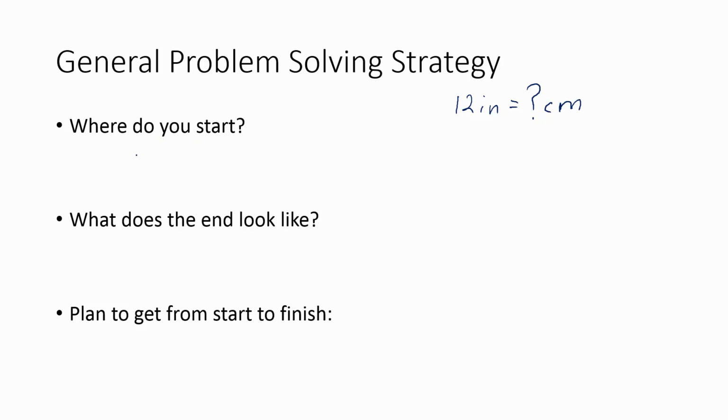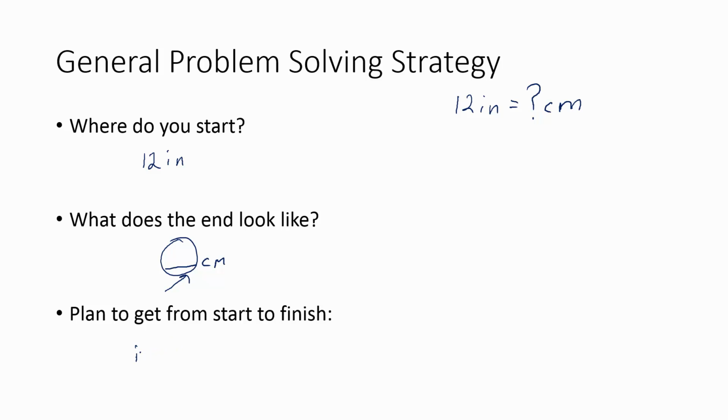But the idea is identify where you start, and that's typically a number that you're given that is not a ratio, such as 12 inches. You want to see, what is the end supposed to look like? Well, the end's supposed to look like, for this problem, centimeters. Okay? So in terms of the answer, I don't know what the number might be, but I know it's going to be in centimeters. So how do I get from here to there?